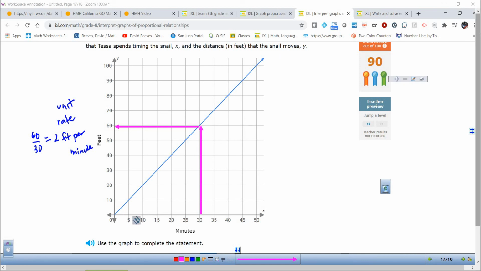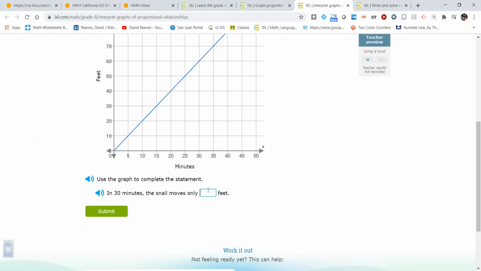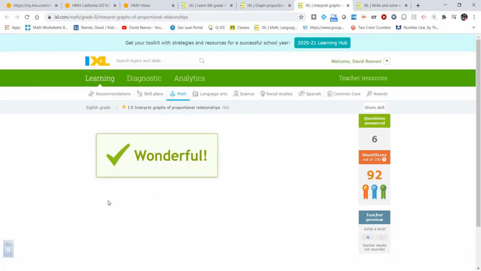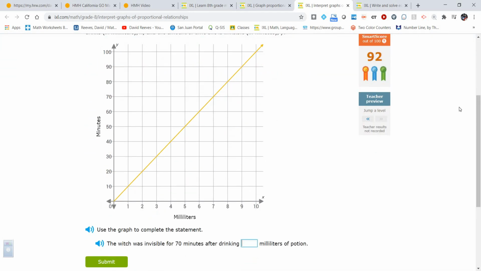So if you see here, 20 goes to 10, 40 goes to 20, and 60 goes to 30. See how that works? So in 30 minutes, the snail went 60 feet. Alrighty. Okay, well, that's the end of that one.